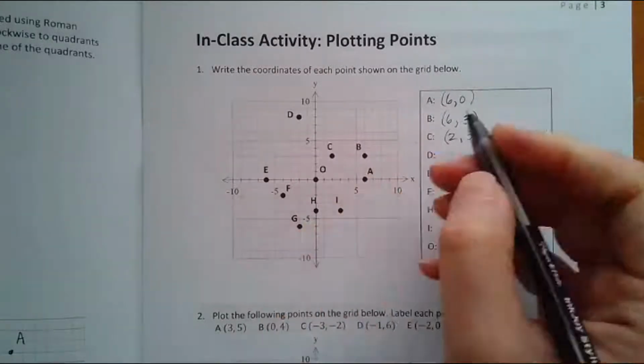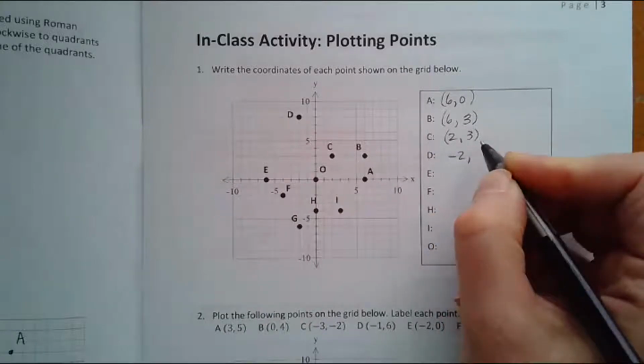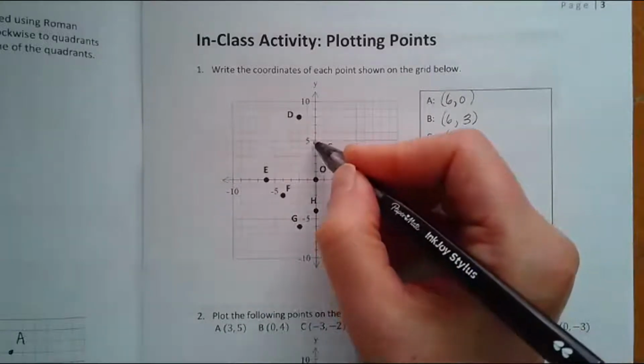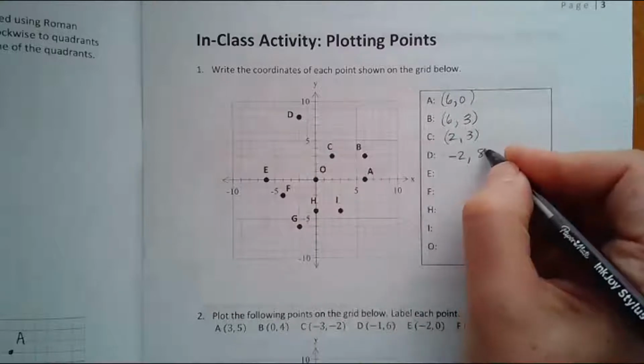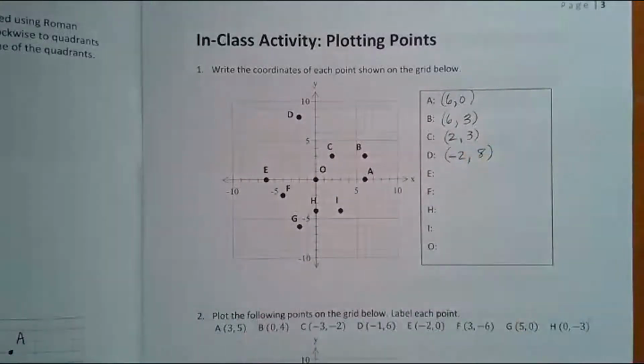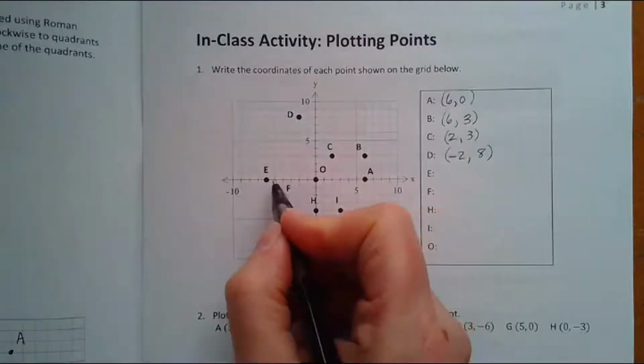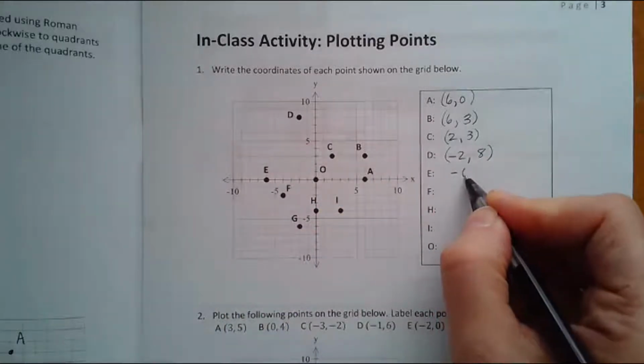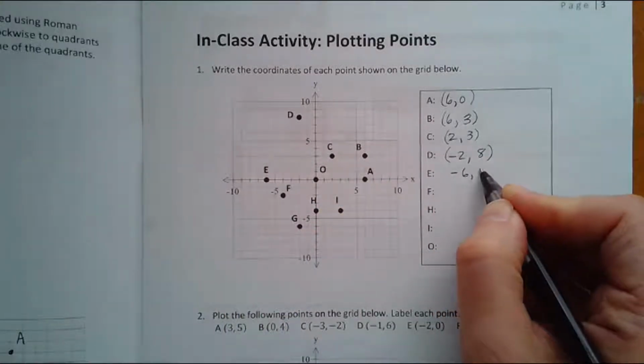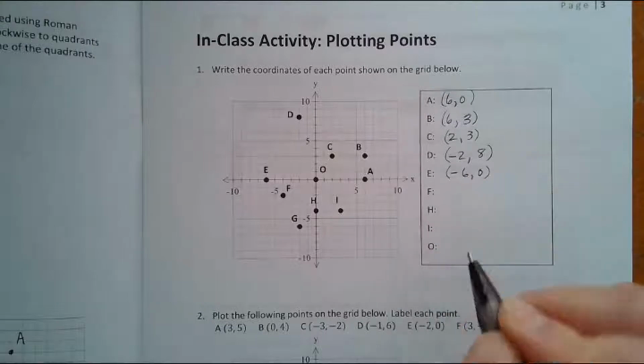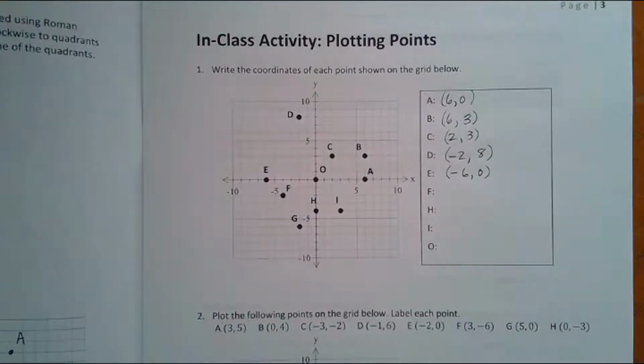Now point D is a -2, 1, 2, 3, 4, 5, 6, 7, 8. Point E would be, let's see, -5, one more would be -6, and it has a y value of 0 again. It's right on the x-axis.